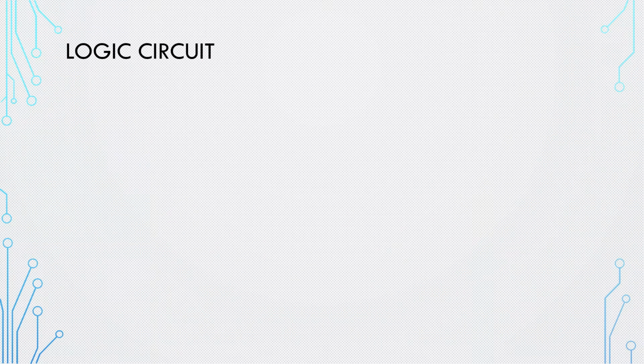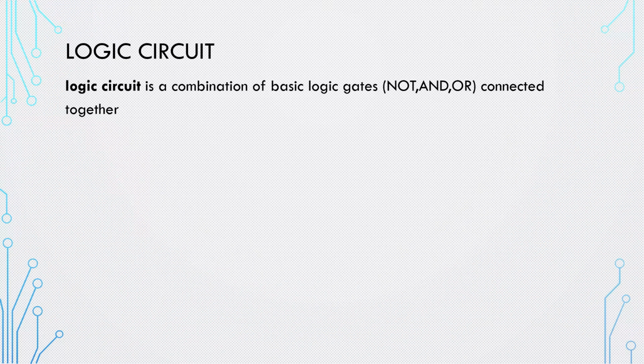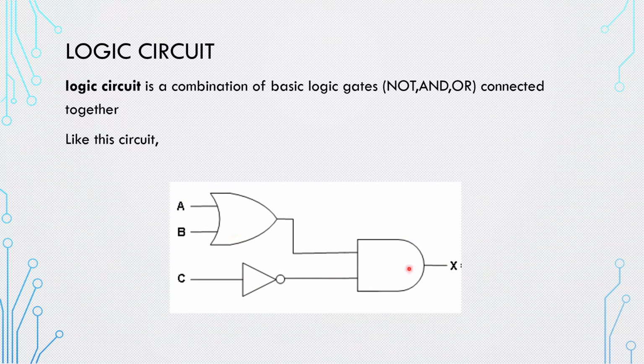So a logic circuit, if I want to define it, is just a combination of basic logic gates, NOT, AND, OR, connected together. If you bring any kind of combination of AND, OR, NOT together, you build a logic circuit. This is a typical example that represents a logic circuit. You can see that it has OR, it has AND, it has NOT.